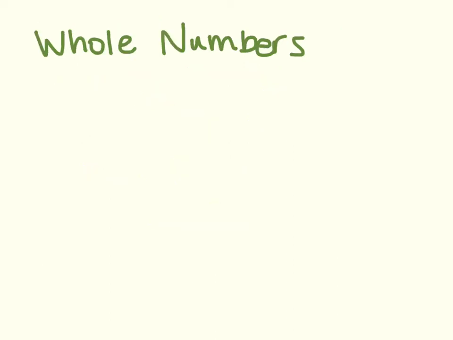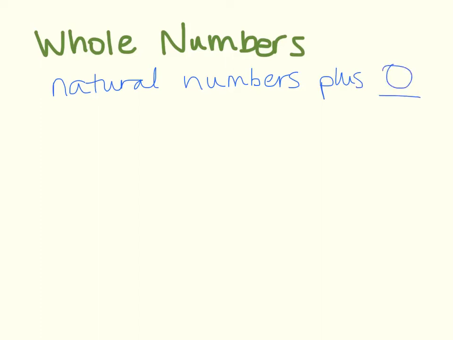Next, we're going to look at our whole numbers. Our whole numbers are very similar to our natural numbers, but now it includes 0. Natural numbers plus 0. So our set of whole numbers is 0, 1, 2, 3, 4, and so on, because it goes on forever that way.